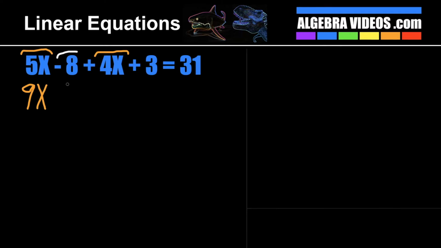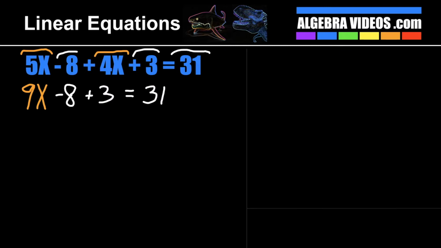So I've got a minus 8 here, so I'm going to rewrite that as a minus 8. And then there's a positive 3 here, so I'm going to rewrite that as a plus 3. And that equals, over on the right side, 31. So I'm just rewriting it. How easy is that? That's the easiest part of math, is just rewriting numbers. So rewrite the same number.